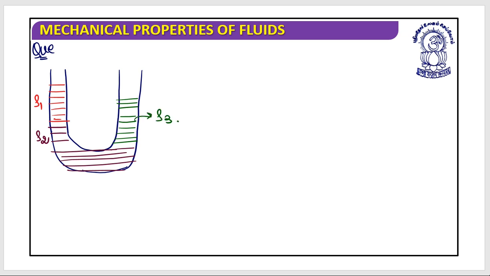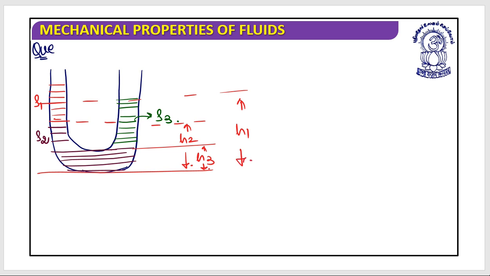I hope this is clear. Now they have given me the dimensions: let's call this H3, this H2, and this H1.